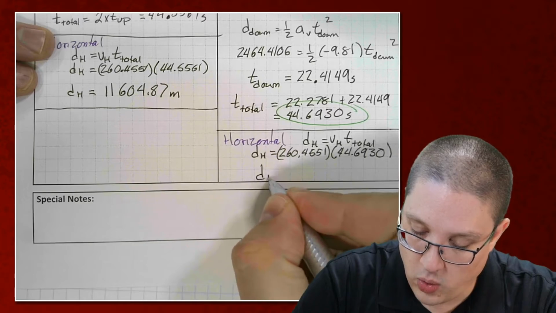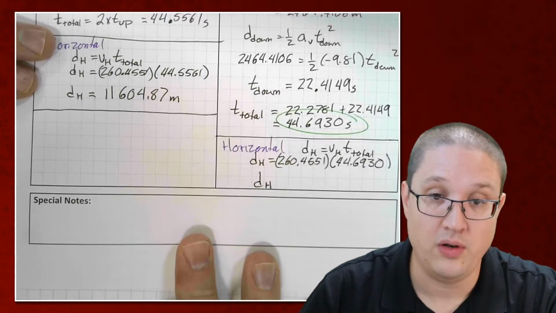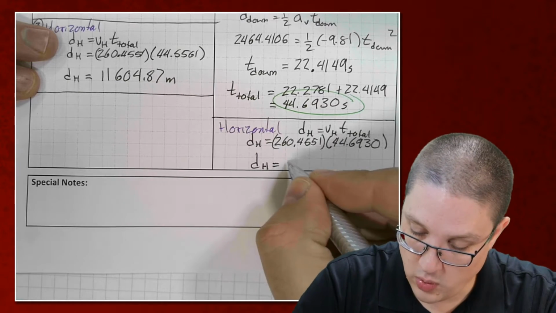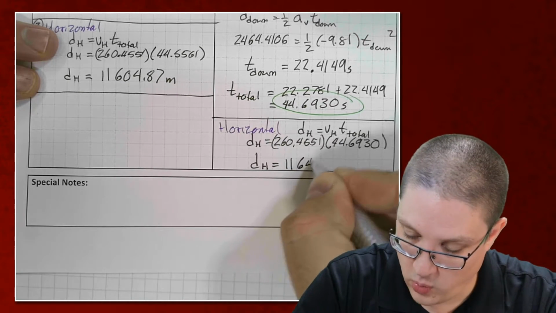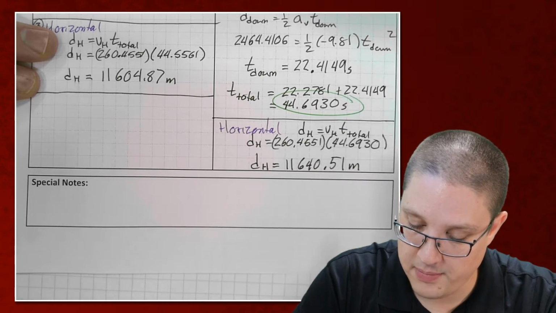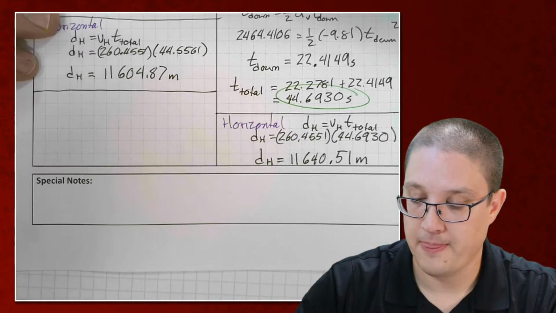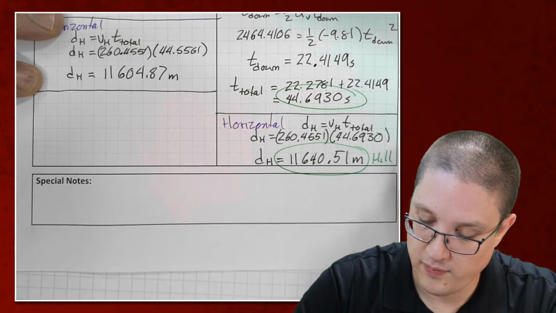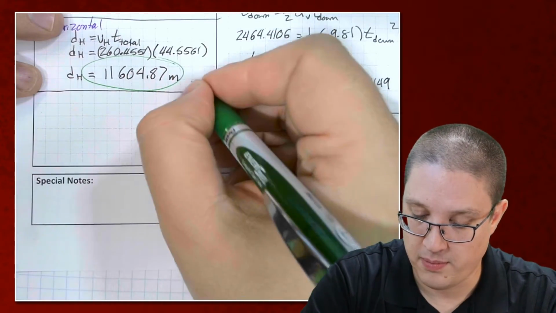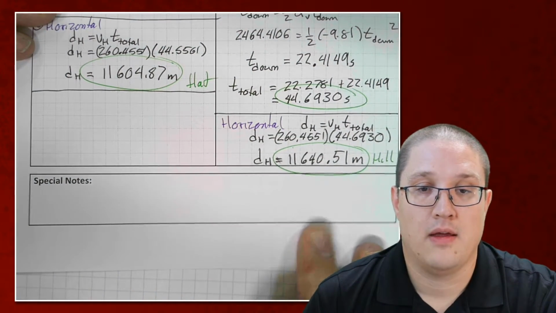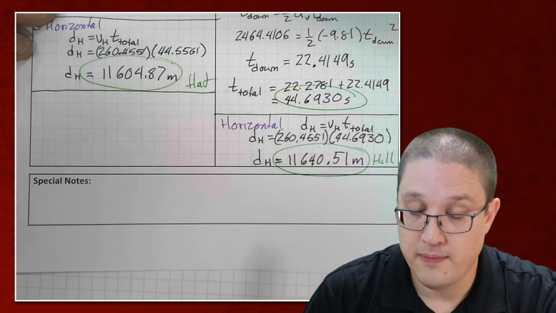And my horizontal distance that was traveled, in this case, works out to 11640.51 meters. So this is from the hill. This here is from the flat ground. Notice it went a little bit further on the hill.